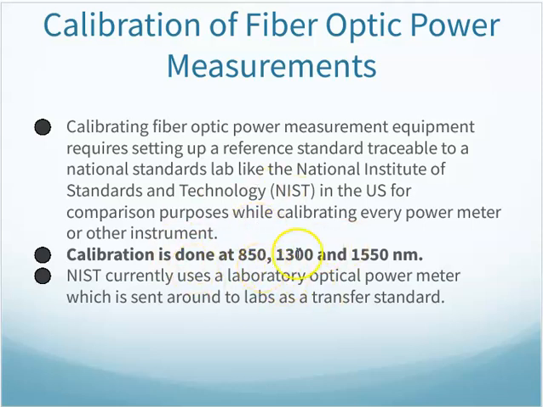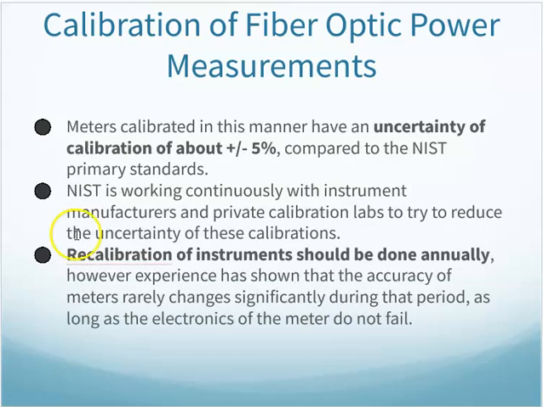So we'll calibrate at those two wavelengths and zero it out before we start doing any testing. These meter calibrators do have an uncertainty of plus or minus 5%, so they are not spot on. There's a little bit of give and take, but any kind of measurement on loss or signal strength is better than no measurement. It gives us a ballpark we're working with.